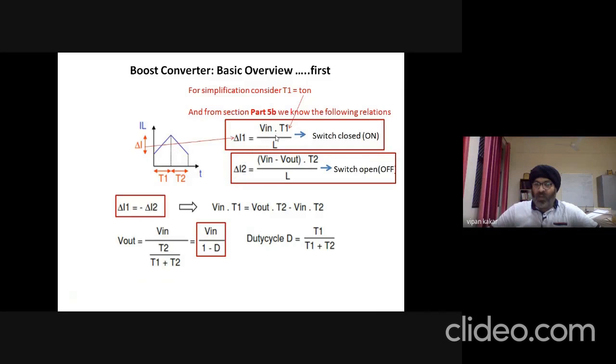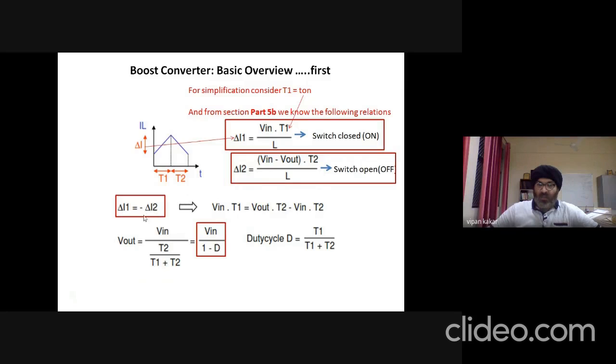So delta I1 also is the voltage time relation, V in for that particular time T1 divided by L, as we saw in phase 1. And in phase 2, the difference between input and output applied during the switch off time, which is T2, divided by the same inductor value.